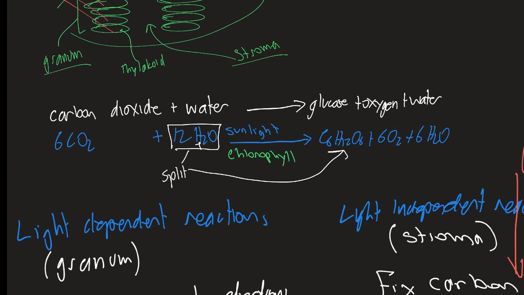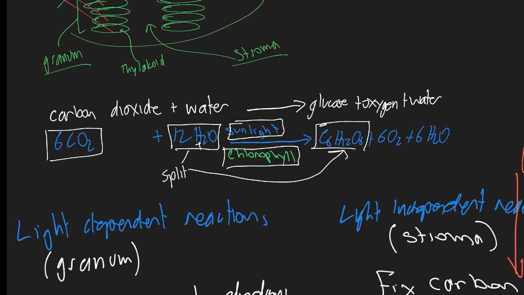Of course, we've got two other inputs: sunlight, which is the energy required to excite the electrons. The chlorophyll is the pigment that absorbs the energy from the sun. And of course, the other input is carbon dioxide, and that's an input required for the light-independent reactions to make glucose. So that's why we've got one output is glucose. Oxygen is released, and then also we've got water that gets released.